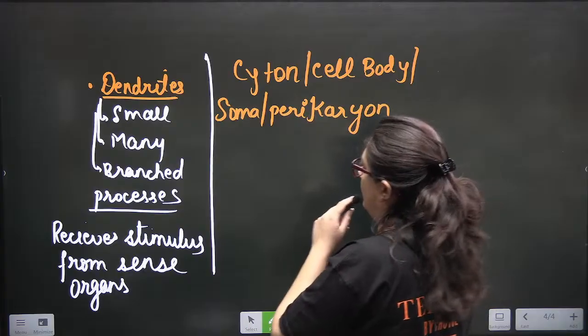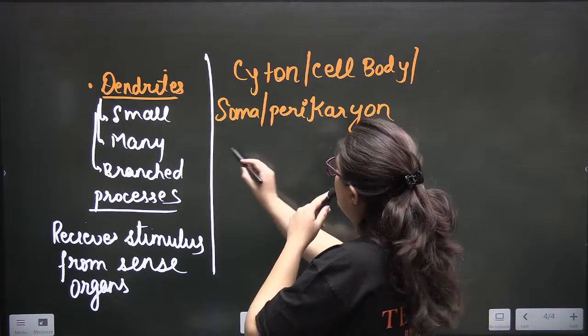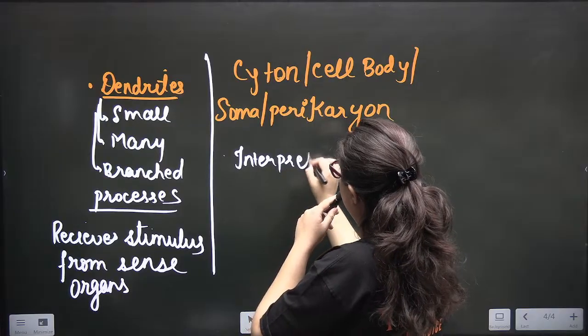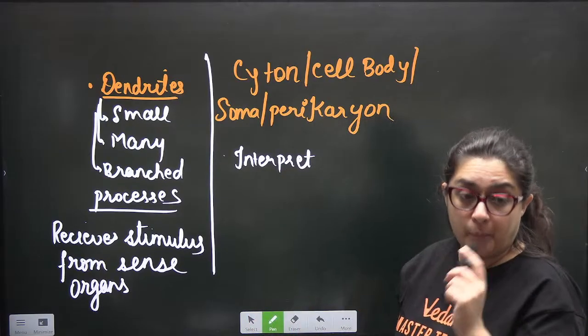Done. From dendrite, the stimulus passes to soma, which interprets or understands the stimulus and converts it into impulse.